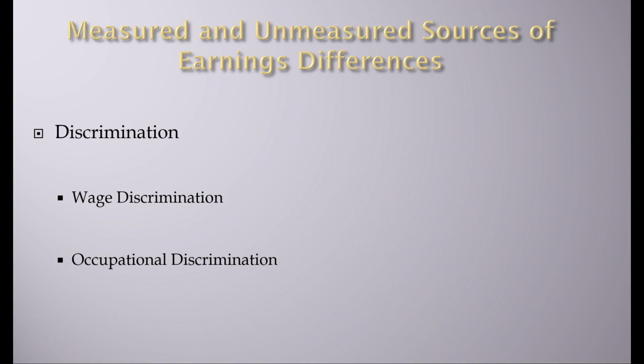The second type of discrimination, and the one that's not talked about as much, is occupational discrimination. And when you talk about gender, occupational segregation is shown when there are female-dominated occupations and male-dominated occupations. And these occupational choices or decisions are directly limited to the differences by that group.